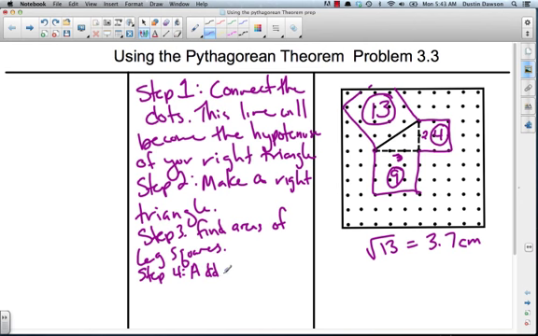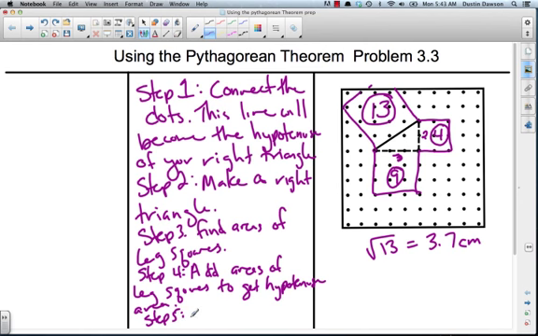Add areas of leg squares to get hypotenuse area. And the final step, step 5, is to take the square root of the hypotenuse area.